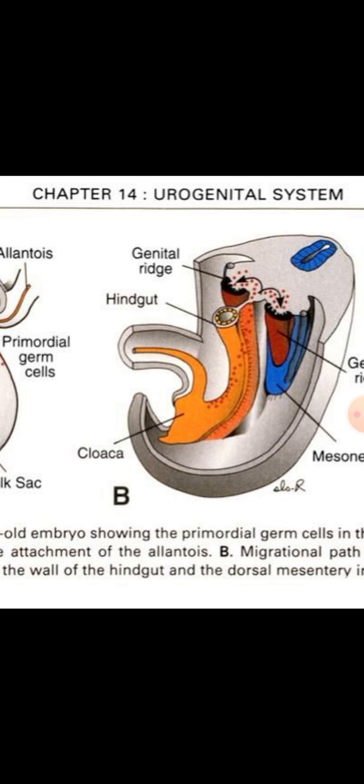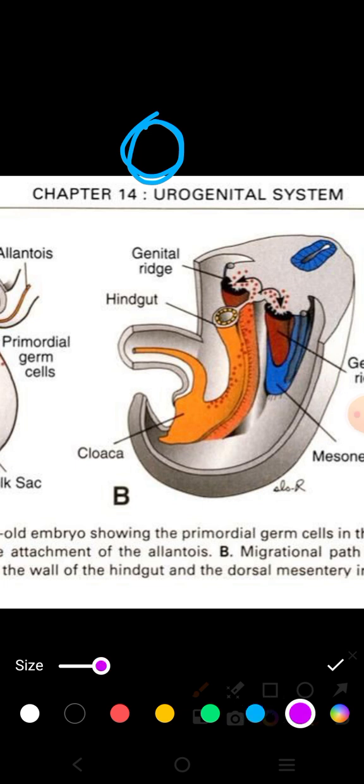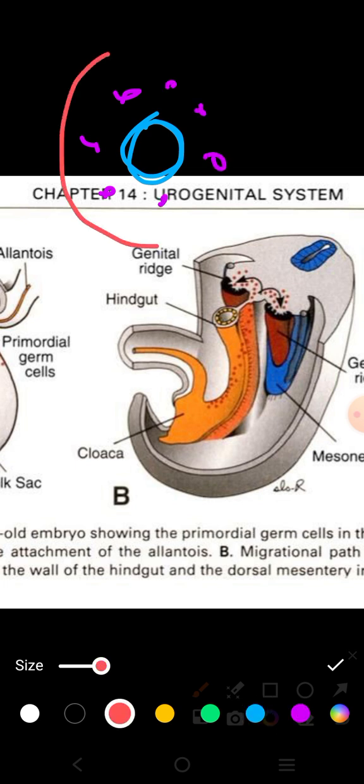This is the primary oocyte, and it is now surrounded by two types of cells. One are granulosa cells, and after that come the theca cells.